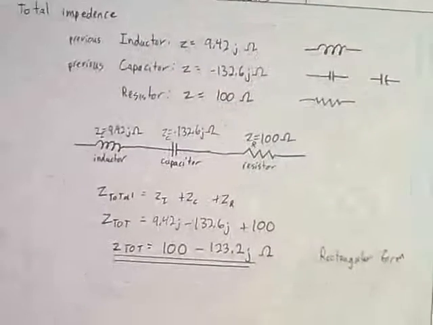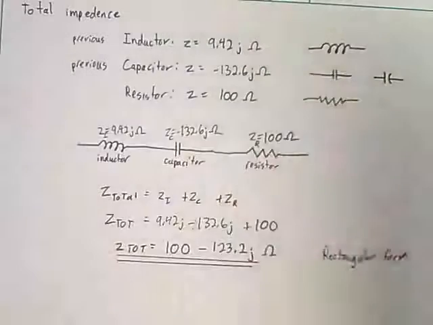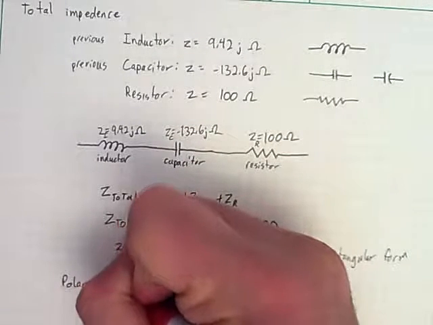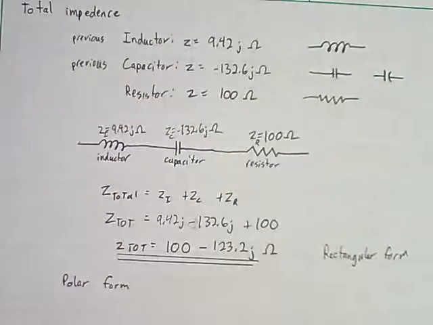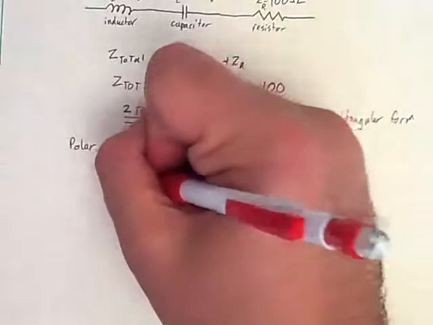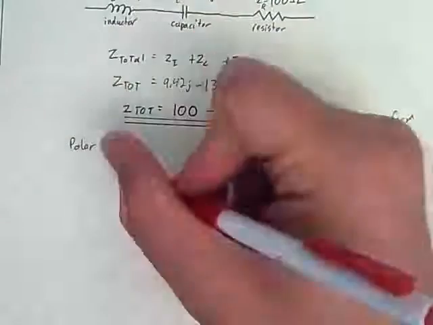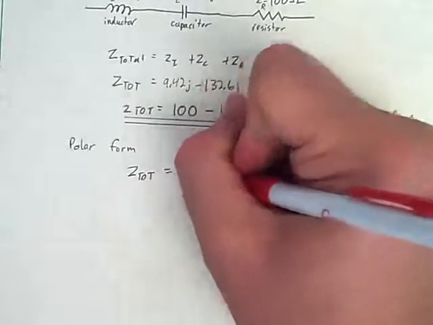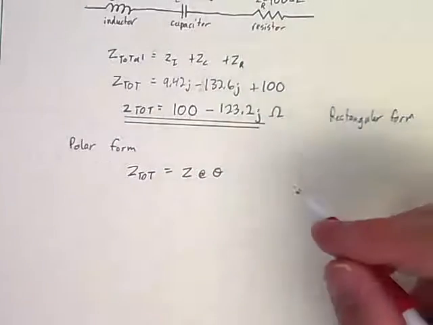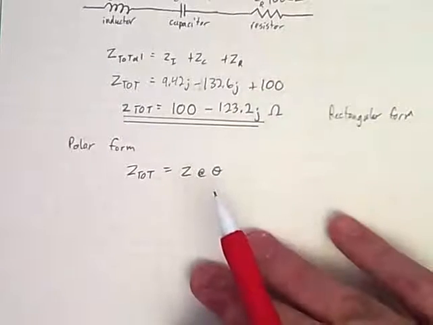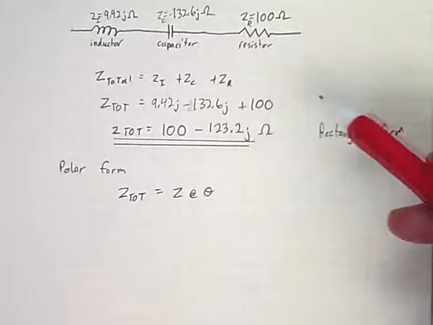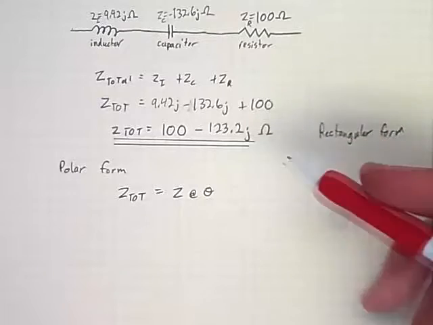Then we would want to keep working with that and go for the polar form. And so remember, when we want to do polar form, that Z total is going to be some Z at theta, an angle. And the equations for that work the same way as if we had a 2D vector.